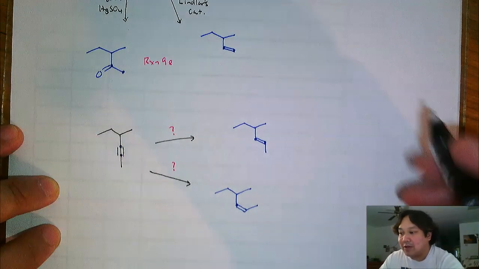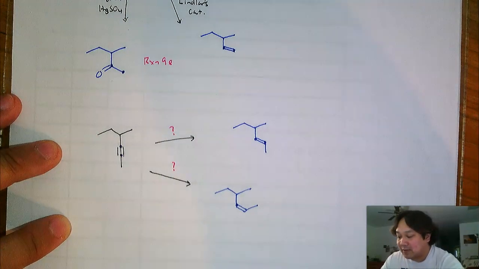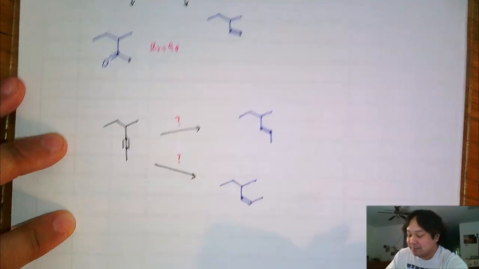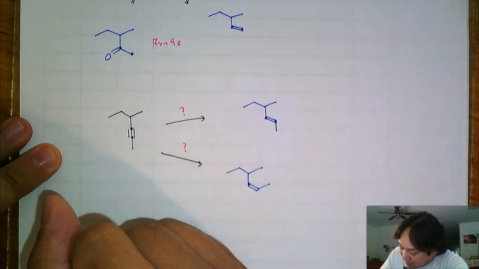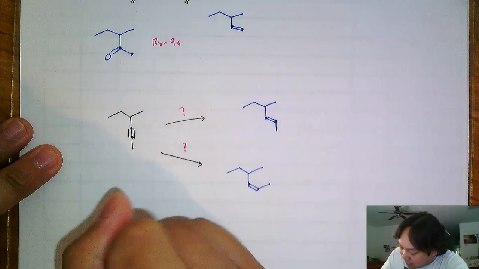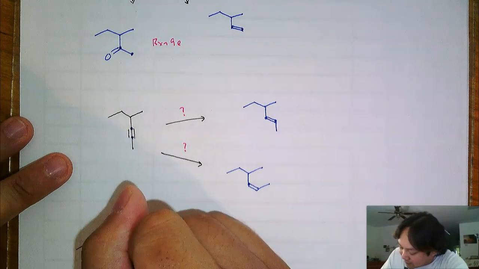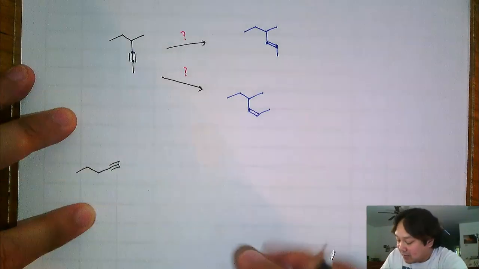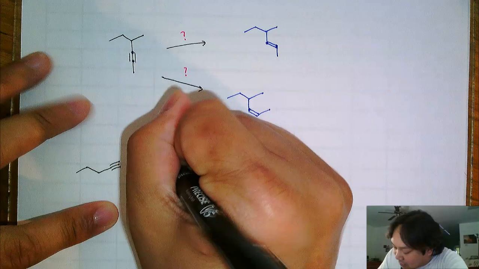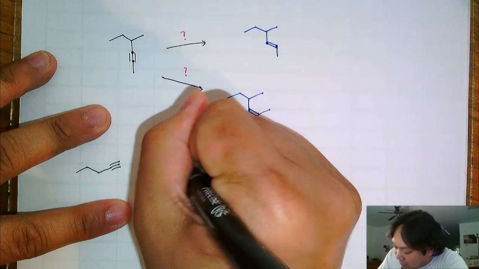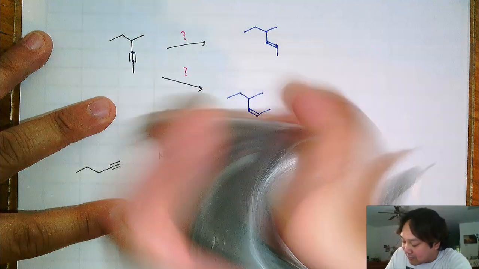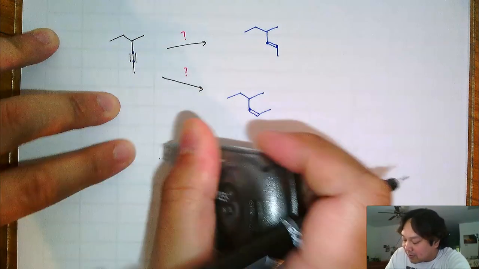What were some other reactions since we're on this sort of roadmap review? Let me give you this. Terminal alkyne. And now I am going to give you a list of reactions to do stepwise. Not stepwise, but to do in order.